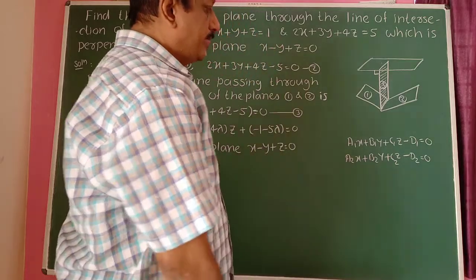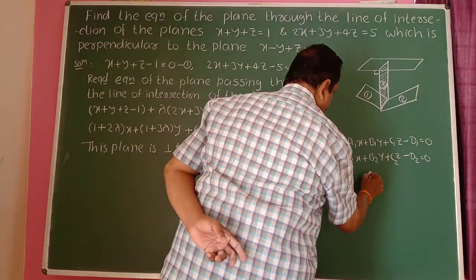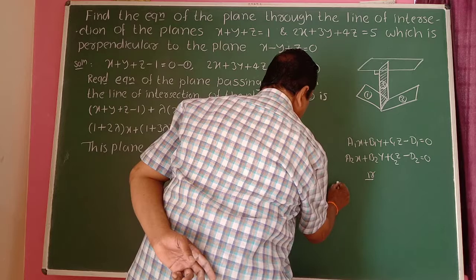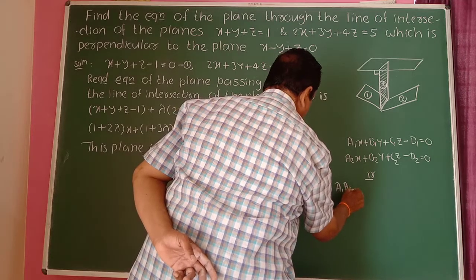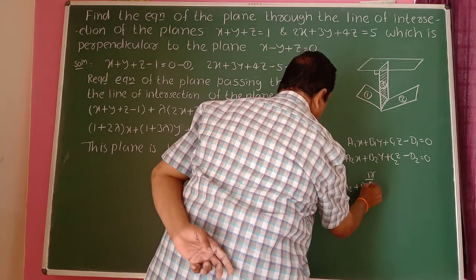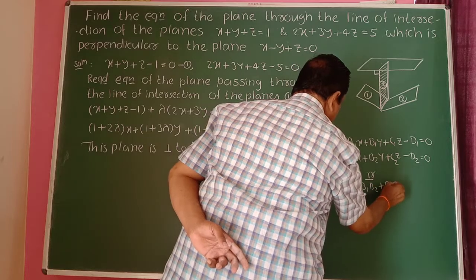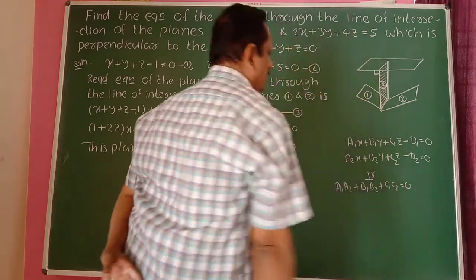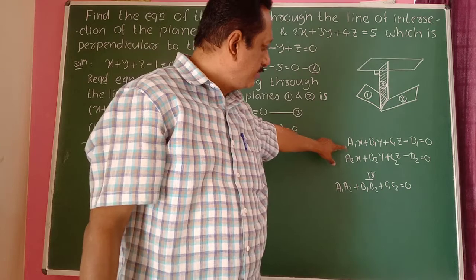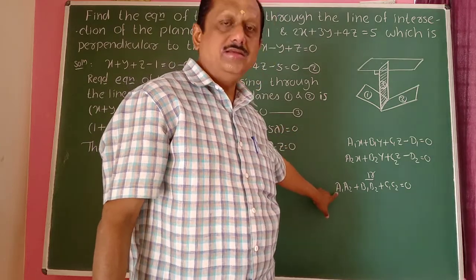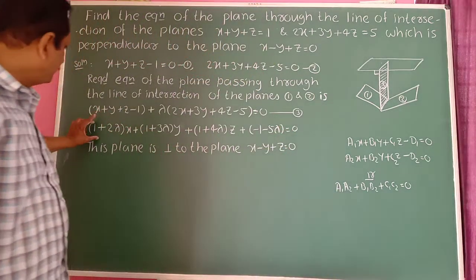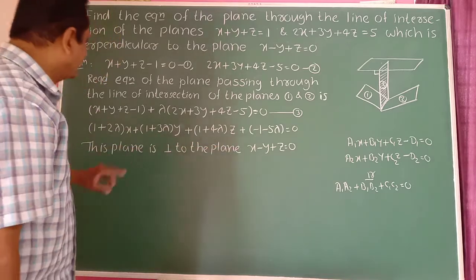They are perpendicular if the condition a1 a2 plus b1 b2 plus c1 c2 is equal to 0. This is the formula. These two planes are perpendicular if this condition is satisfied. Therefore, this plane and this plane are perpendicular here.